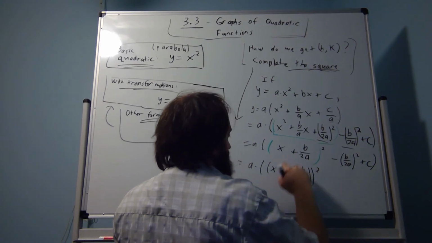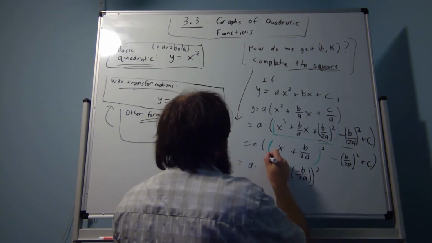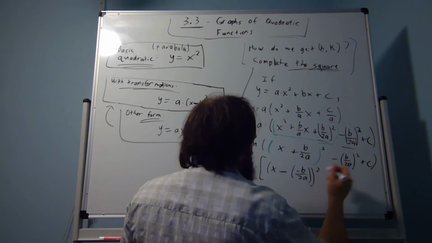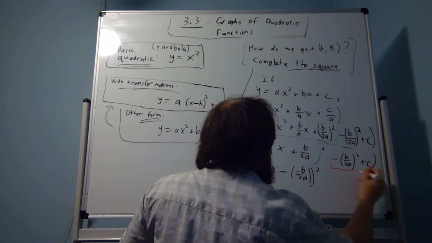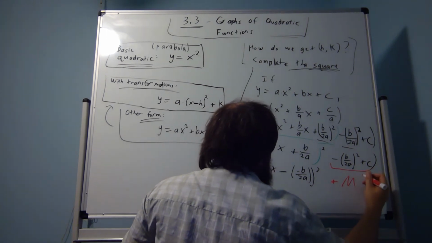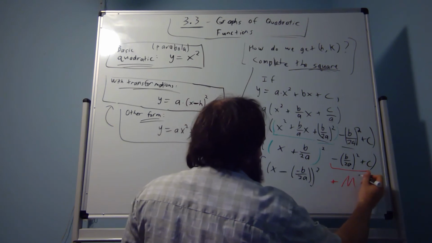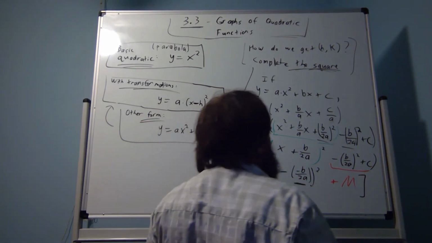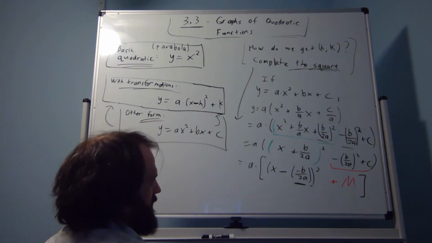I'm going to write this as a double negative because now it looks like x minus h squared. And this a on the outside, let's just call this plus capital M, because we're going to learn a shortcut here. What I'm really trying to figure out is h. Let's just find h first, and then I claim that there's a shortcut for finding k.